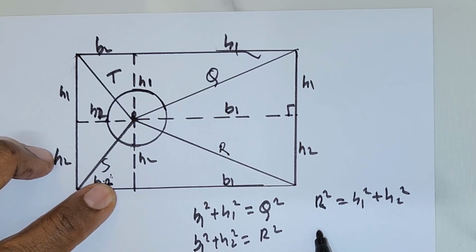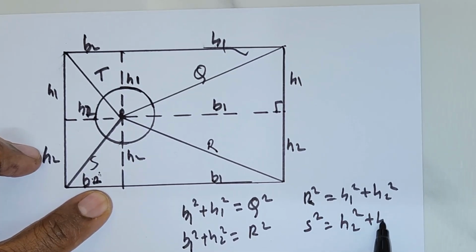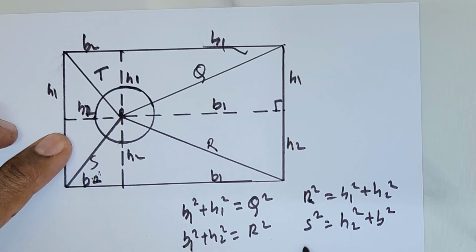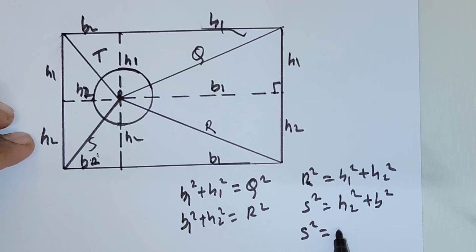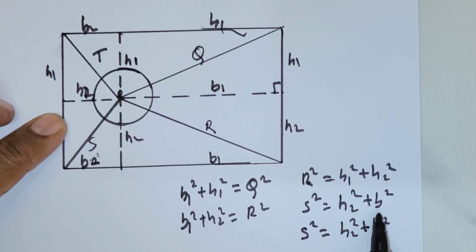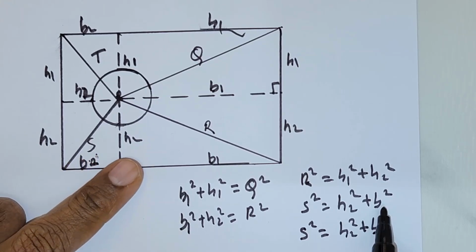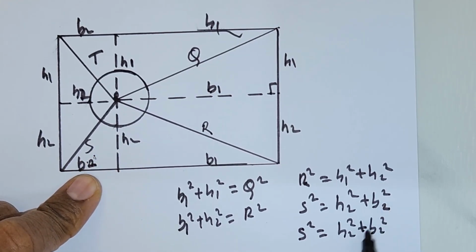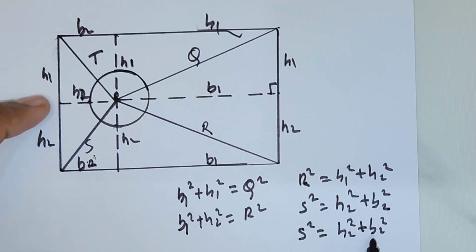Moving over here, I got s squared is equal to h2 squared plus b2 squared, and over here I got s squared is equal to h2 squared plus b2 squared. So this is going to be h2 squared and b2 squared.